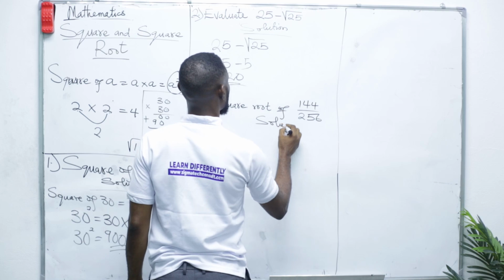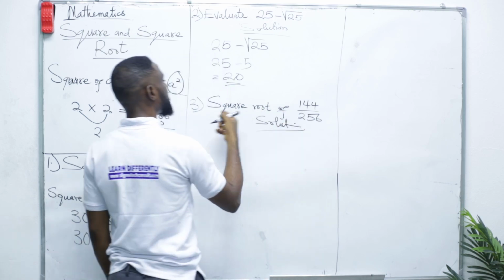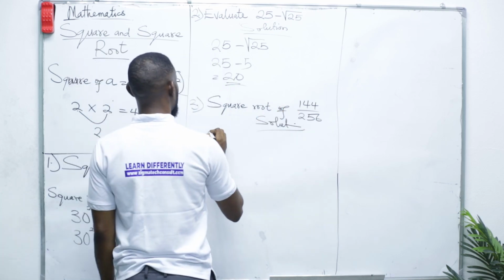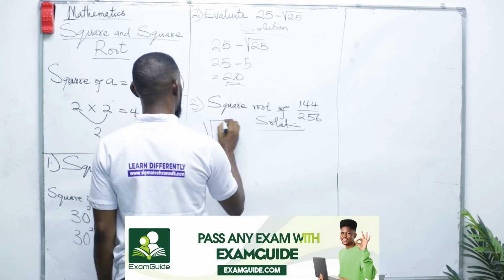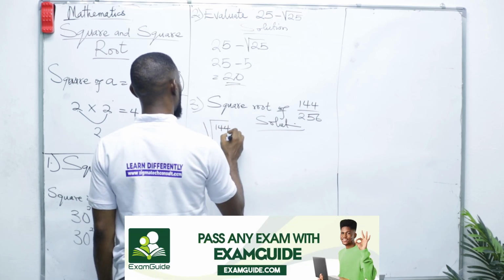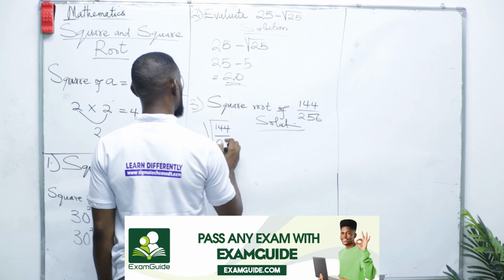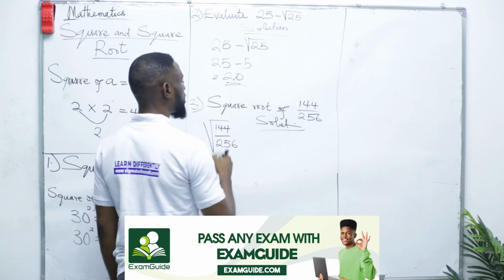Solution. Expressing this statement mathematically, they're asking us to find the square root of 144 divided by 256. That's what they're asking us to do.